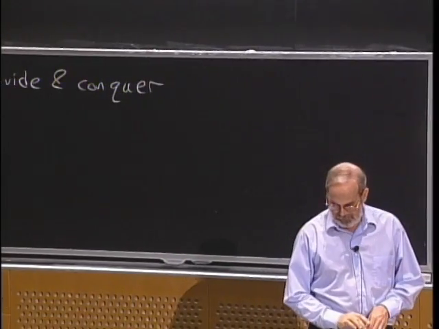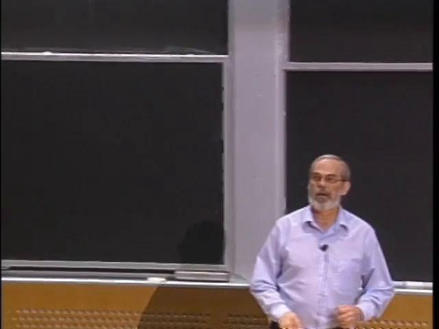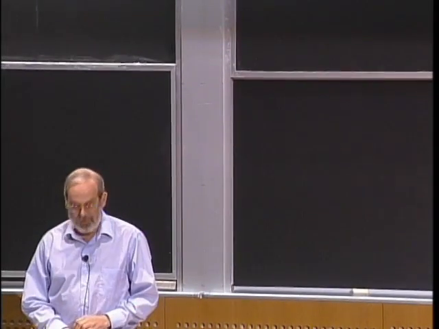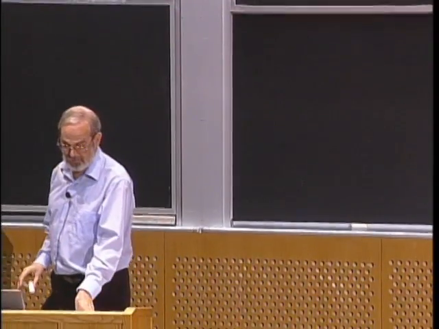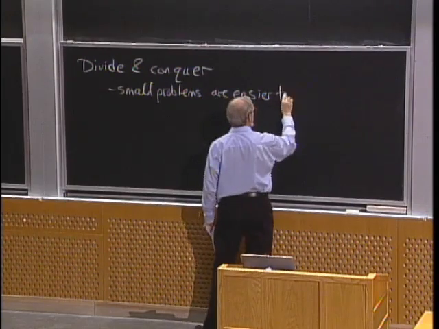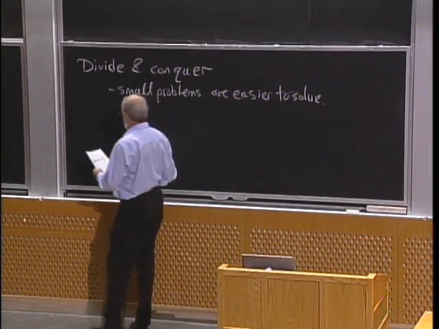Divide and conquer is basically the idea of taking a hard problem and breaking it up into some simpler pieces or into smaller problems where those smaller problems have two properties. Small problems are easier to solve than the original one.